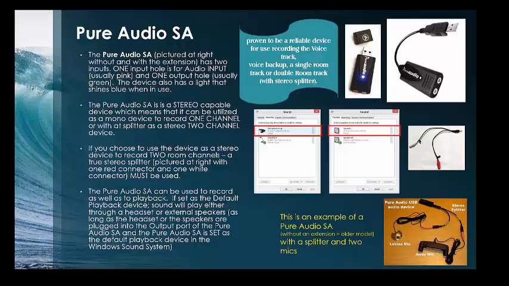I'm showing you on this slide that the Pure Audio comes in 2 distinct formats. The first format and the oldest format is the one that is pictured at the left, which has the blue light on it, and you can see the pink and the green ports.